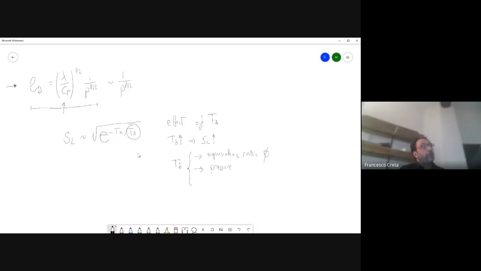dissociations. I'll talk about that in a second, but dissociations are endothermic, and so they will play a role in the final value of the adiabatic flame temperature, TB. And TB also depends on the molecule of the fuel.